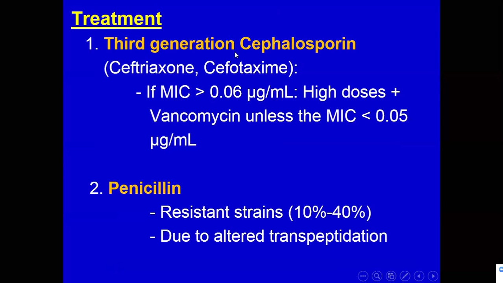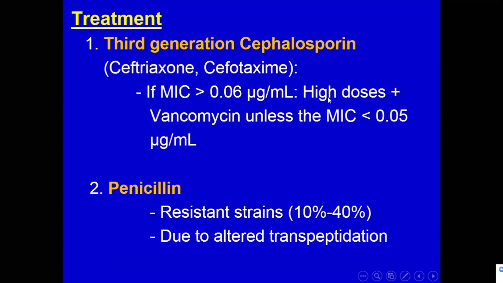Treatment: we said we should be prompt in treatment, and start as early as possible. We can use a third generation cephalosporin like Ceftriaxone or Cefotaxime. If the MIC is more than 0.06 microgram per ml, we have to use high doses plus vancomycin.